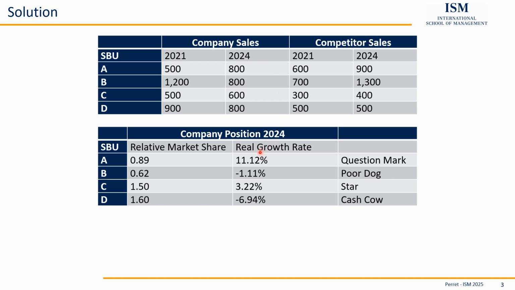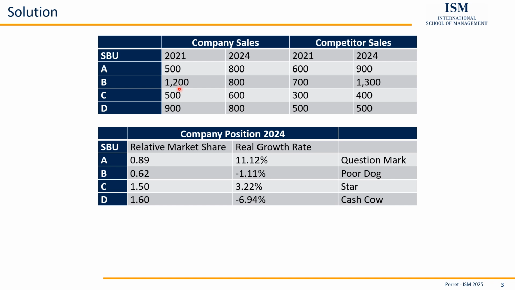Since here we're talking about real growth rates, we also have to subtract the inflation rate, which we're given as 4.5%. So in addition to this, we're going to calculate as well minus 0.045 from those values. This gives us here for the business unit A 11.12%.